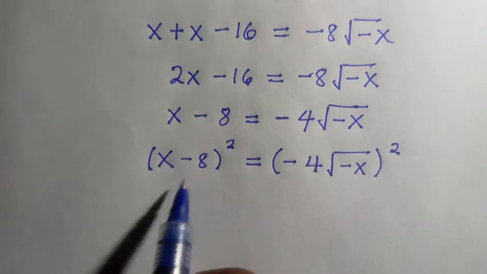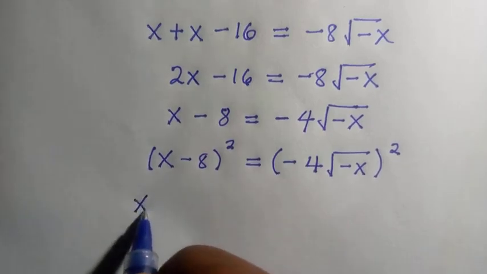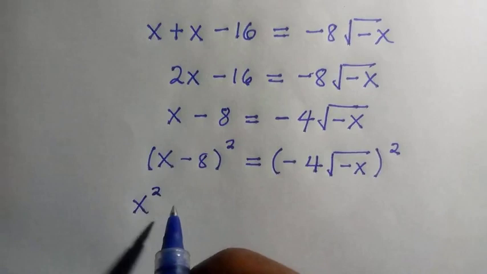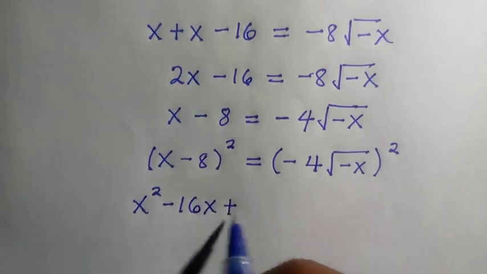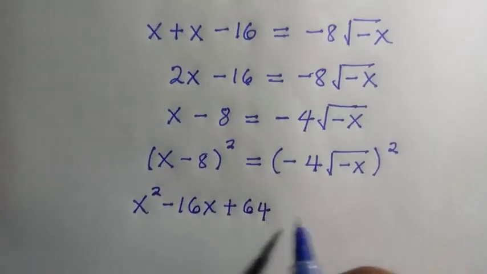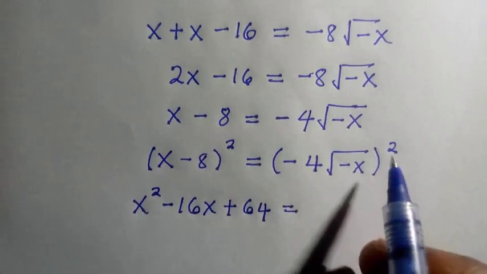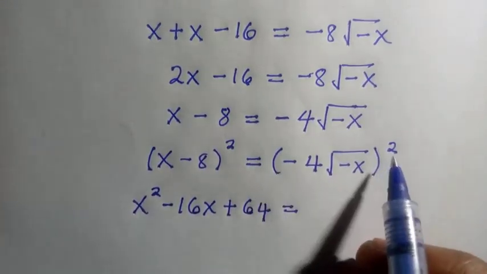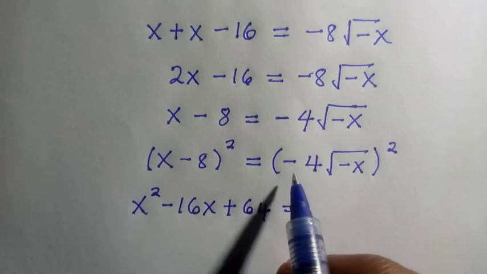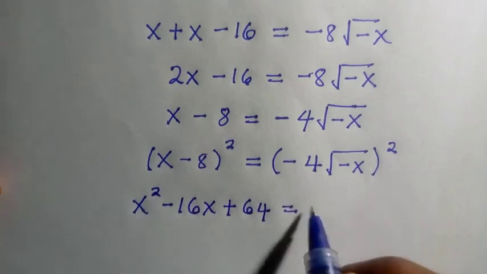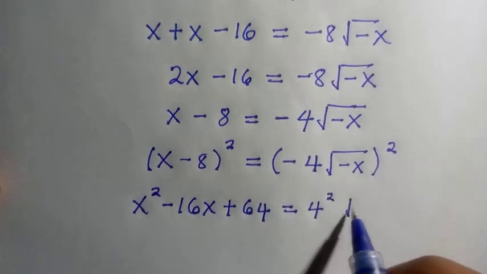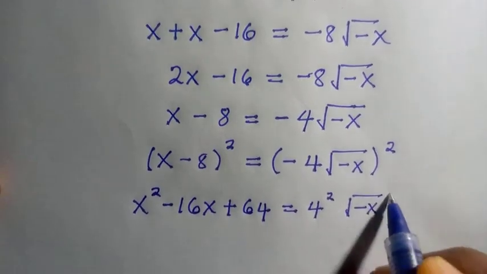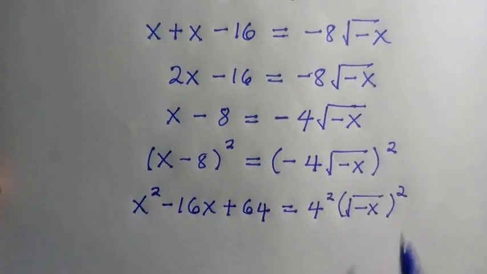So when we expand this, we get x to the power of 2 minus 16x plus 64 equals, so for this negative, this square will take care of negative, and this negative becomes positive. Then here we have 4 squared, and also the root of minus x will also take square.